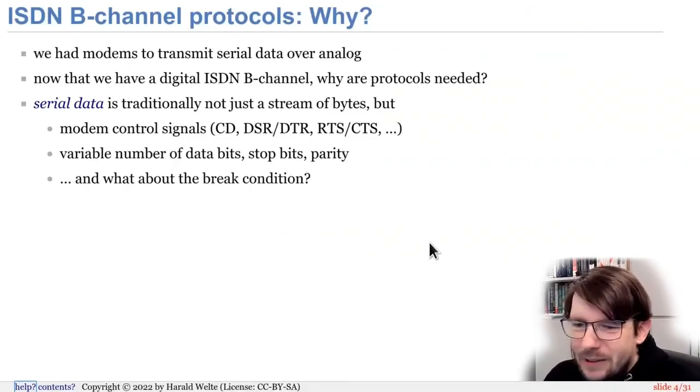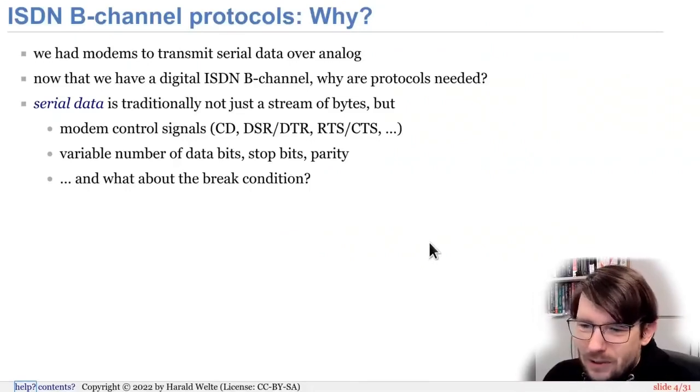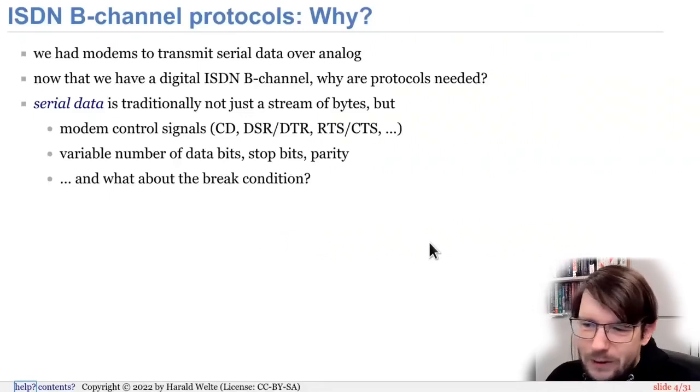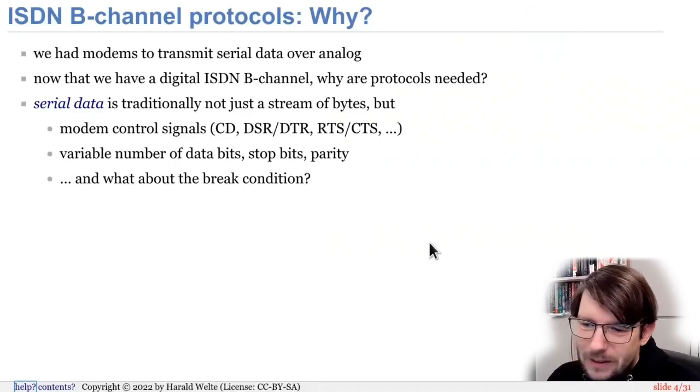The main answer is that the serial data that you traditionally transmitted over modems is not just the stream of payload bytes, but also stuff like modem control signals for carrier detect, for hardware flow control, and things like that. Also, different systems have different numbers of data bits and stop bits, and parity bits enabled or not, even or odd parity, and so on.